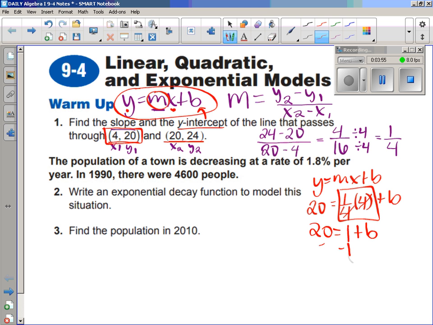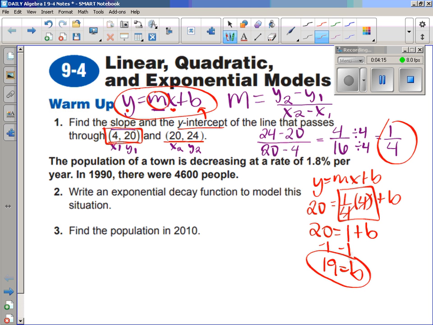Solve for b by subtracting 1 from both sides, and I get 19. So 19 is your y-intercept, and 1/4 is your slope. Okay? So that was from a long time ago, but hopefully some of this looked familiar to you.